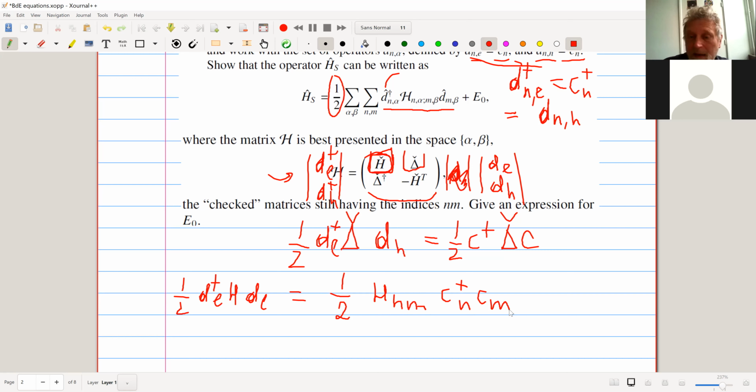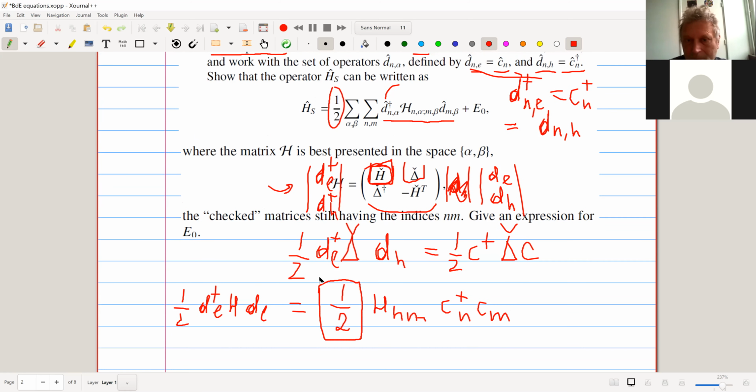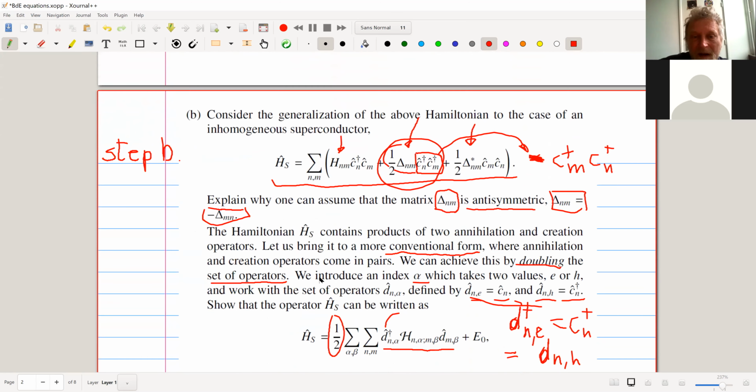A very common expression, but only with 1/2. So I reproduced half of it. Where is the other half?